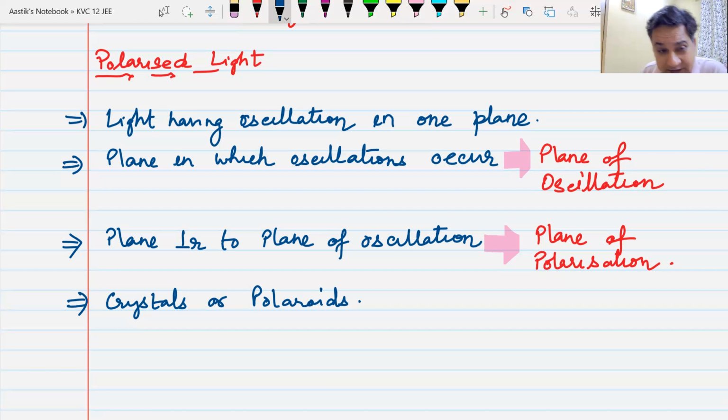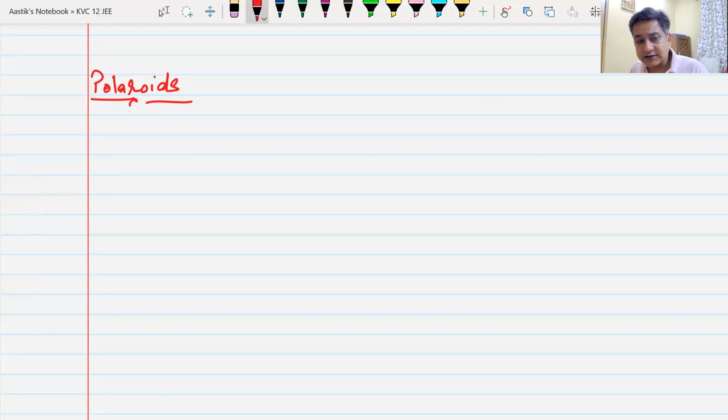So the next heading is, what do you mean by polaroids? Everyone noted this down? Yes, sir. Polaroids is the next heading.